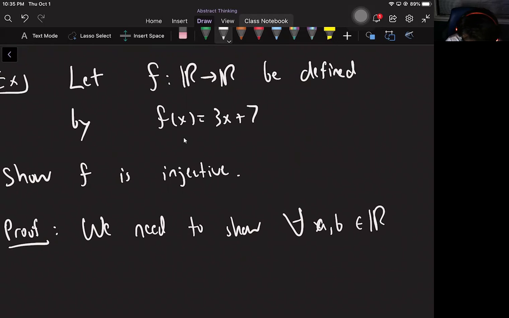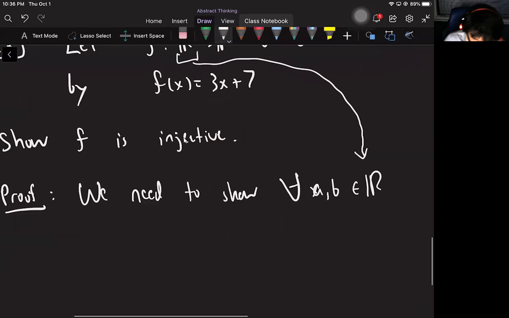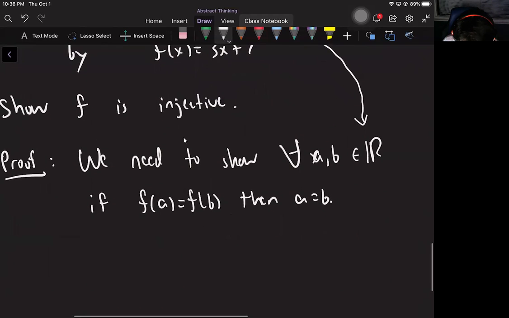So the domain and the codomain are both R, but I'm really picking this R when I say this, because I'm picking two things in the domain. No matter what two I pick, if they go to the same place, then they must have come from the same place. They must be the same element of the domain. So this is what we need to show.